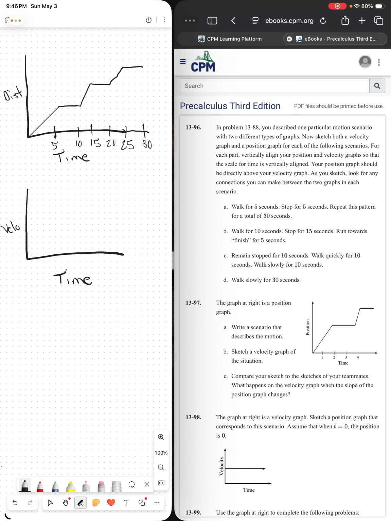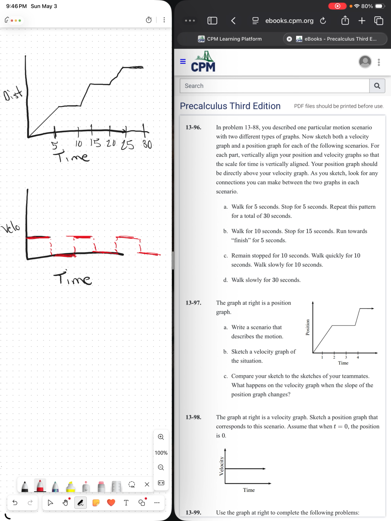So your position graph is continually increasing distance, but your velocity is just going to be 5, stopped. Let's do this so you can see it's 5, stop for 5, walking at that same rate, stopping, walking at that rate, stopping. So you can see these connect, in the sense that my velocity is this walking rate and then a stopping rate.